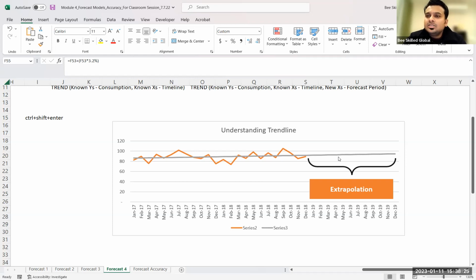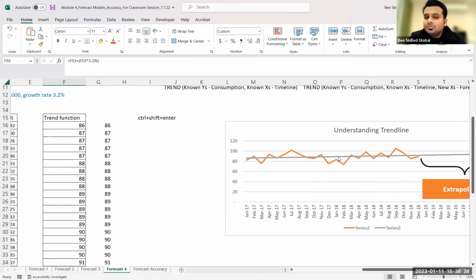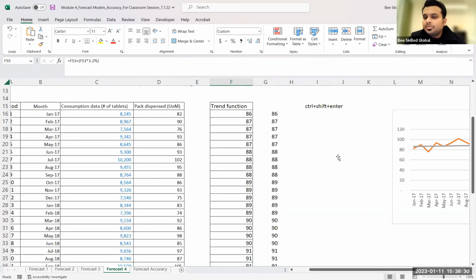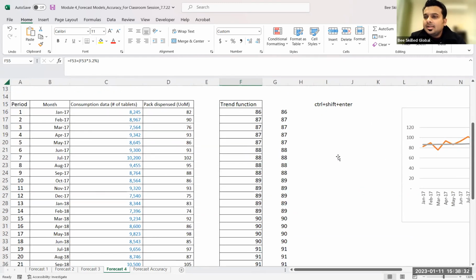In comparison, using trend analysis is a much more scientific method of preparing forecasts. It has better viability, I would say. Yes, in some cases AMC can also give you good results, but that may not always be true. If you continuously use trend analysis, you will see that over a period of time you will be able to establish a standardized trend for your consumption patterns.